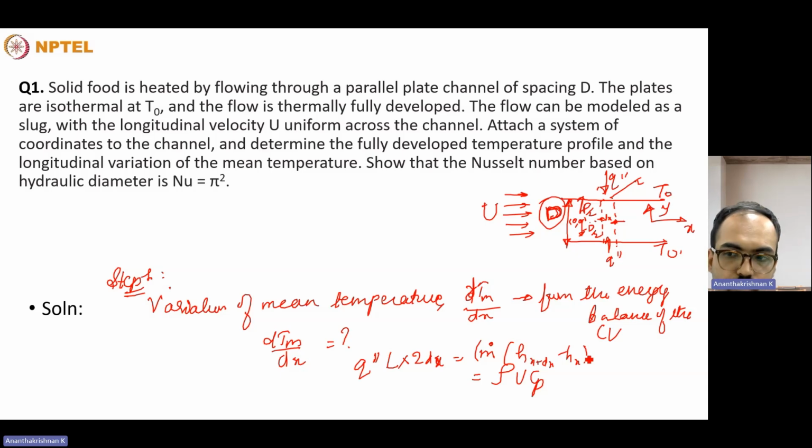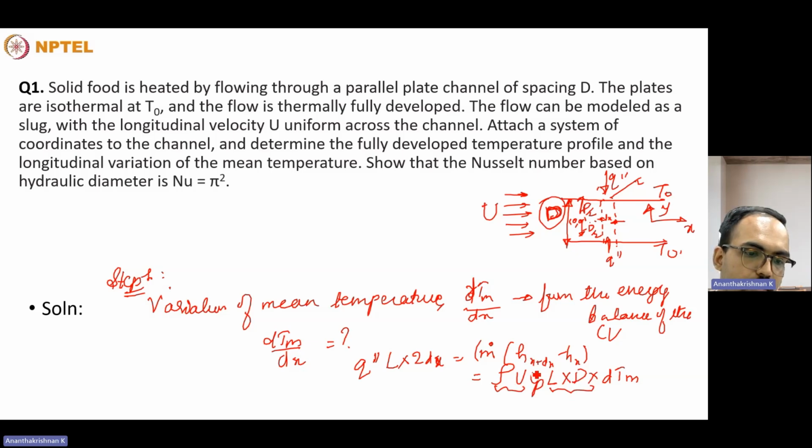So it is rho U Cp times the area, that is L multiplied by D, times dTm.